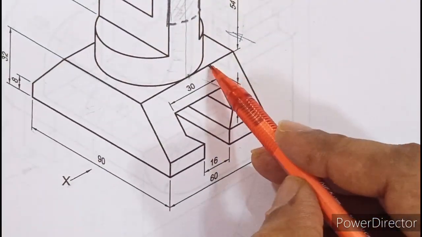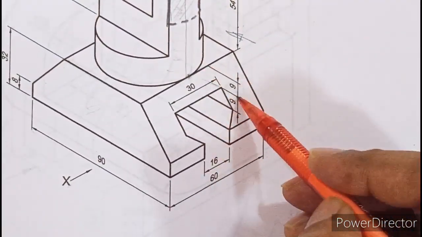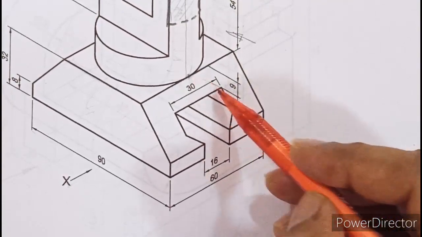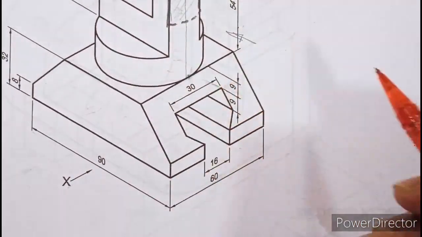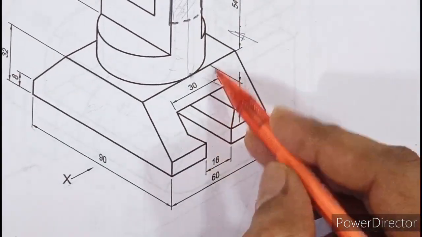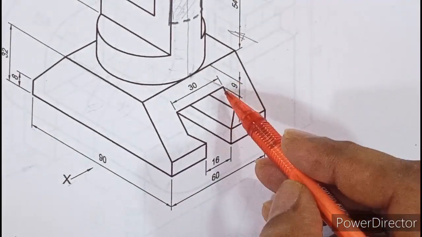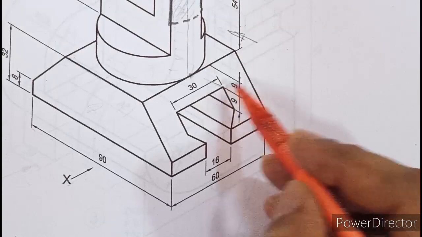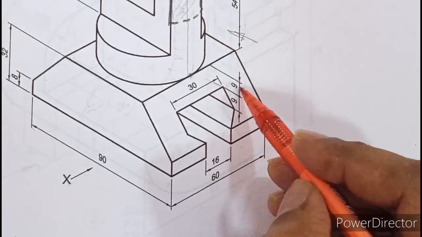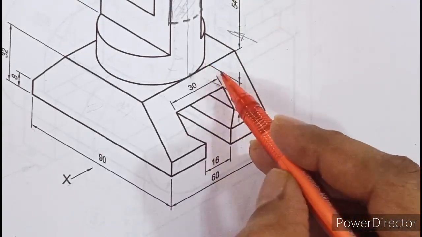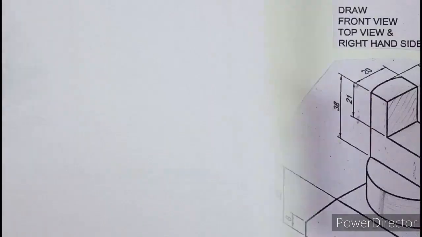So from the top of the platform, if you come down by 9, you can see one edge not visible from the front. So it has to be shown hidden. So you have to come 9 from the top of the platform, right? So this 9 is the distance of the point, the vertical dimension. So you have to move vertically down from the top of the platform by 9 mm and draw the first hidden line.